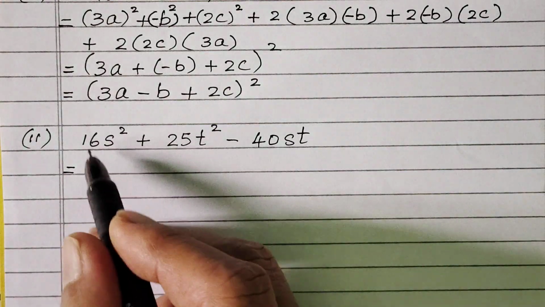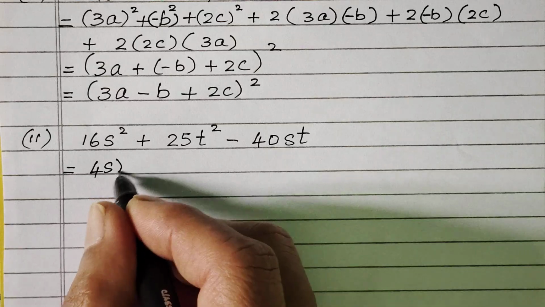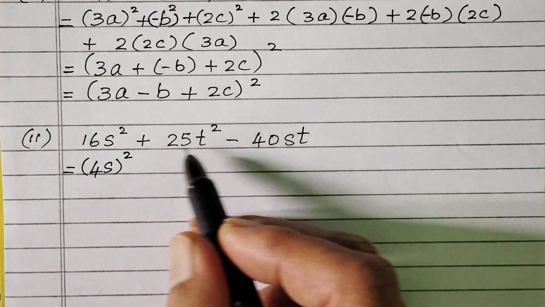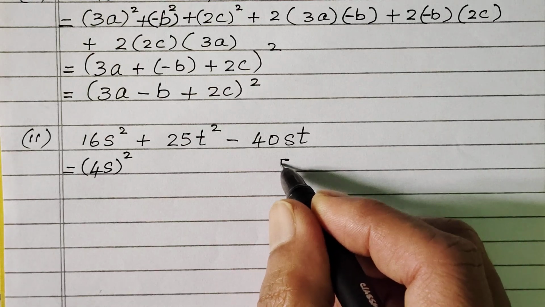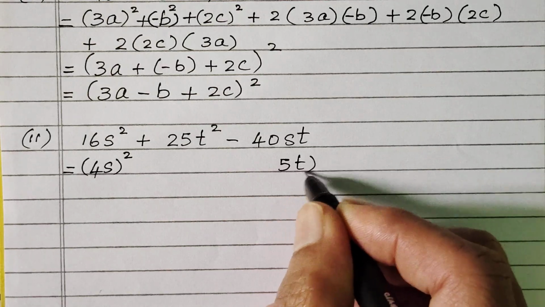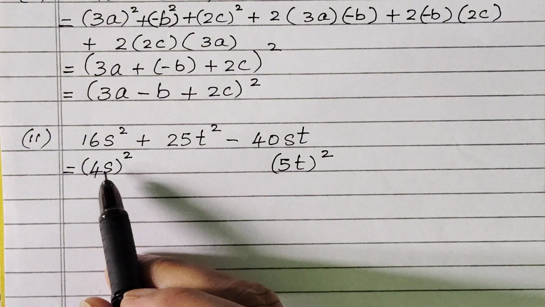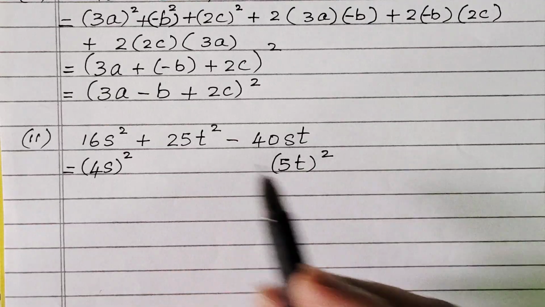So I can write 16s square as 4s whole square, and this 25t square as 5t whole square. So a square and b square come here, minus 2ab.